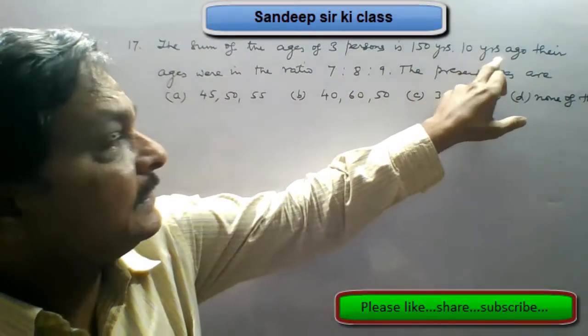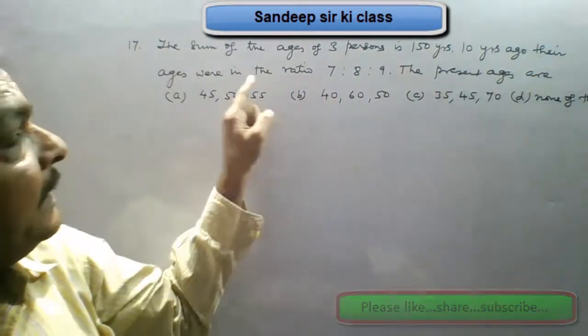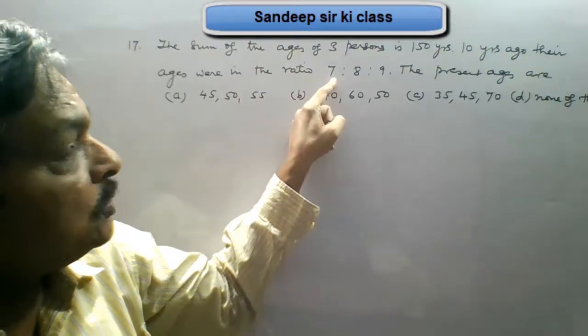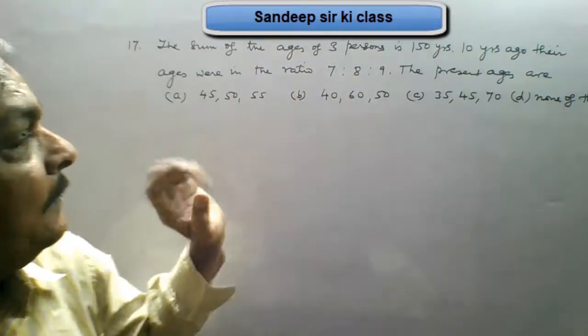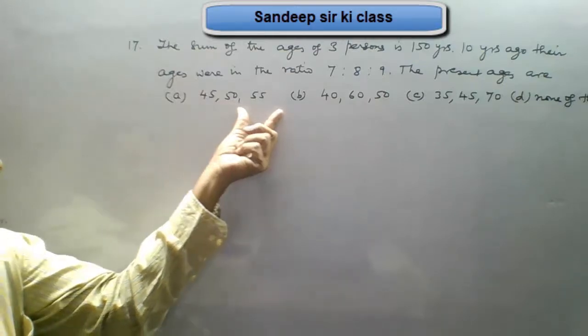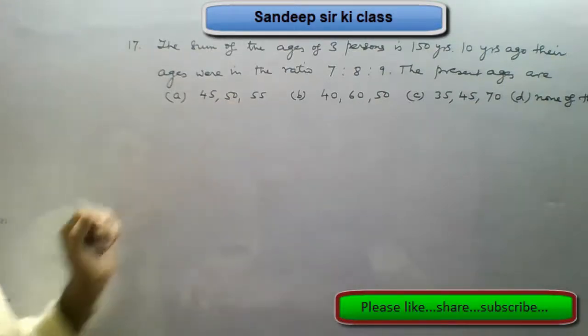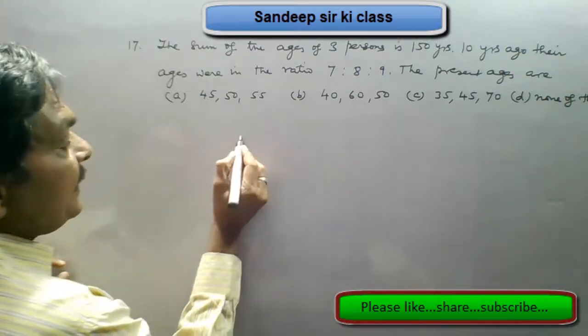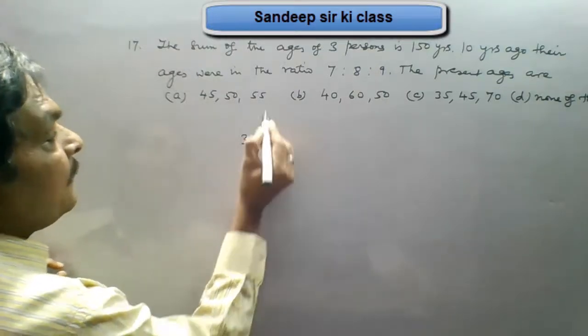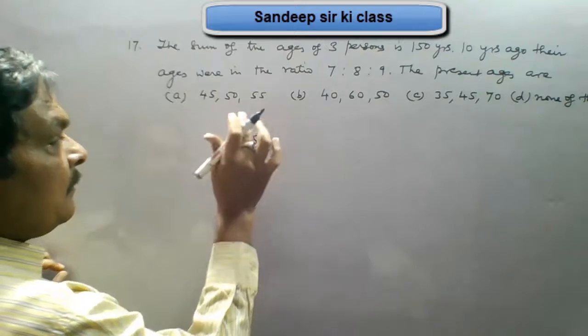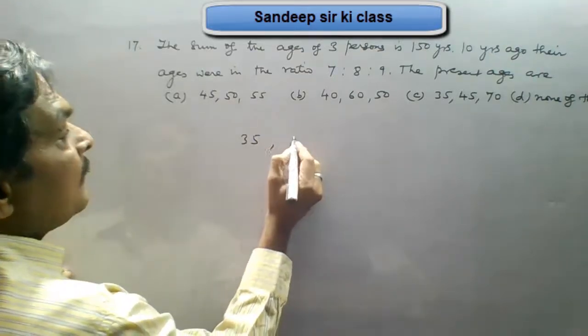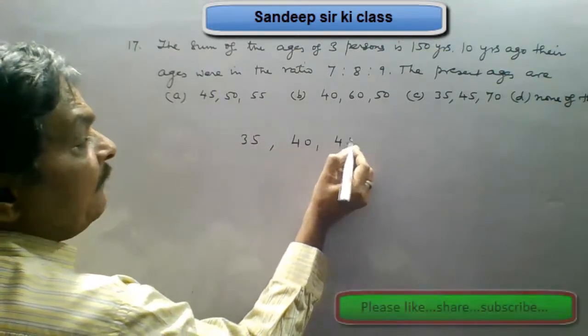The second condition is that 10 years ago their ages were in the ratio 7:8:9. Subtract 10 from each term, and the ages will be 35, 40 and 45.